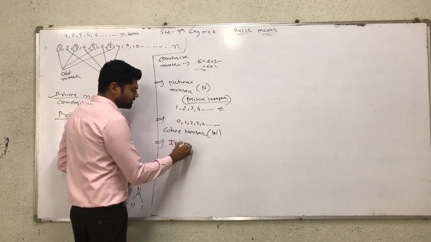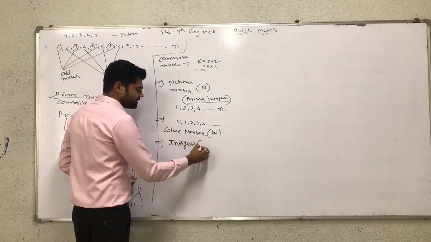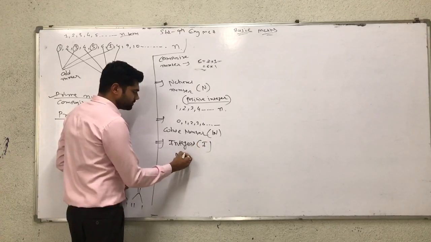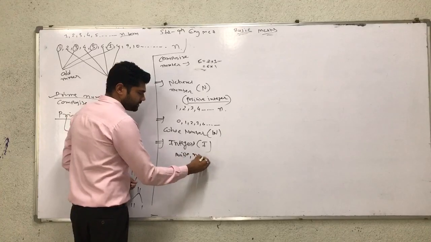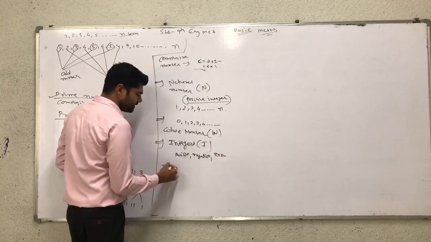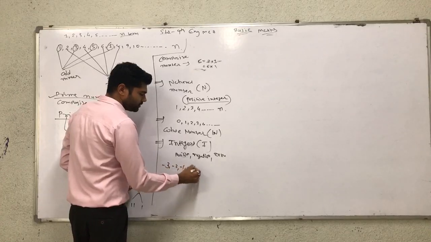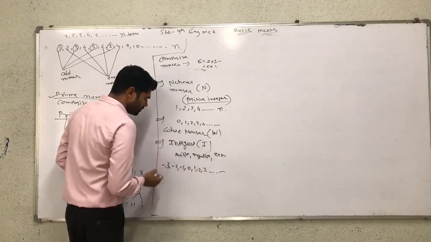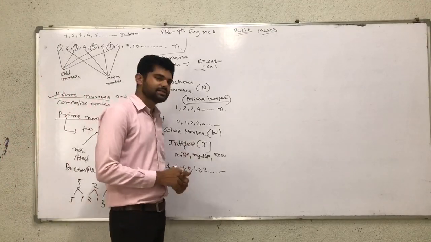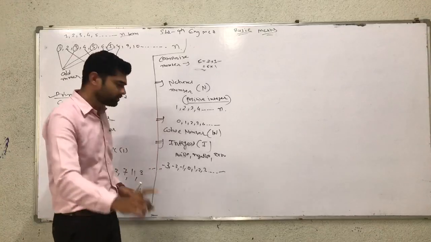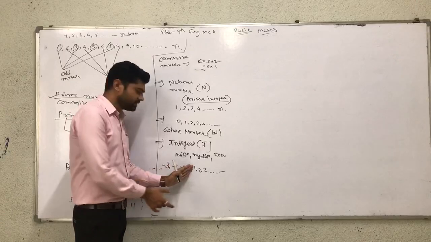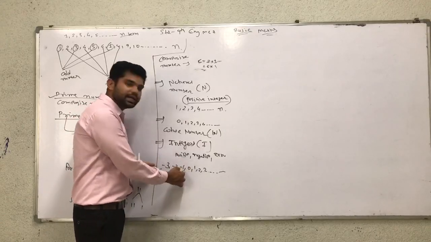So these are called integers and denoted by I, and they have positive, negative and 0. Therefore minus 3, minus 2, 0, 1, 2 up to n. Integers are denoted by I, and here the positive ones are known as positive integers, here is 0, and the negative ones are negative integers.